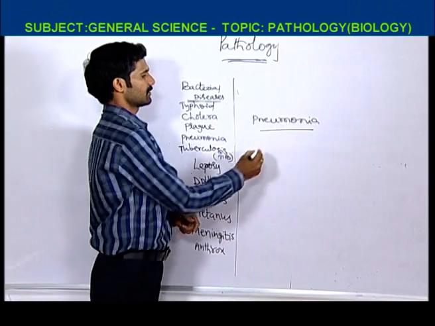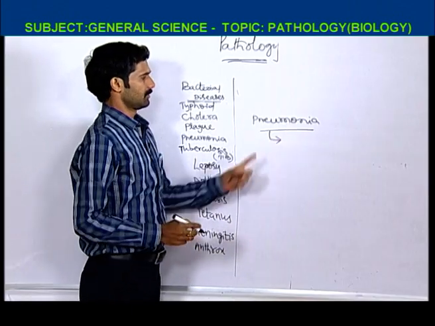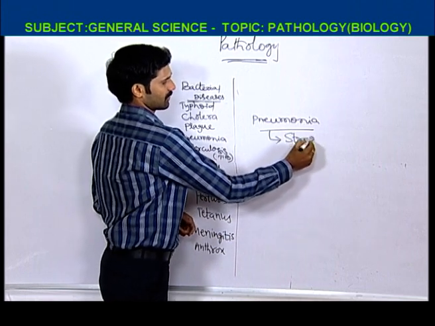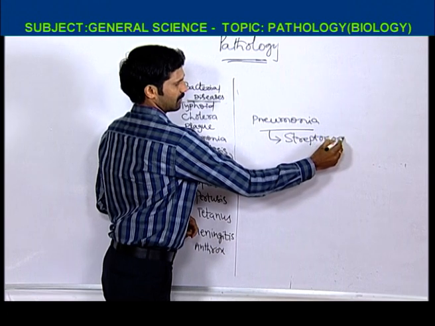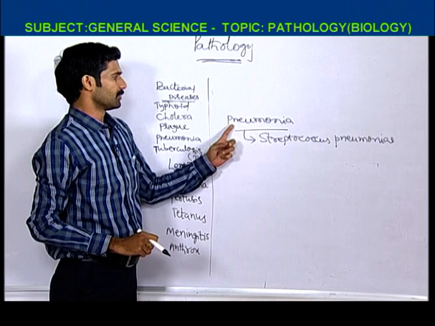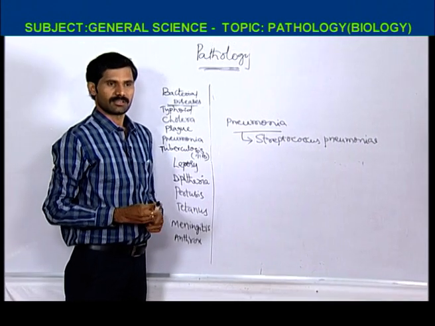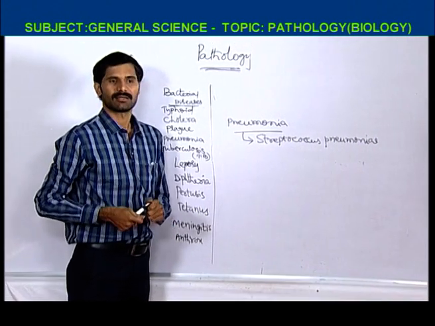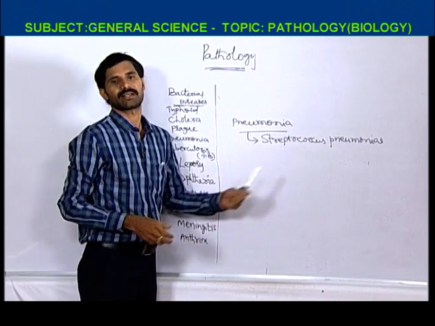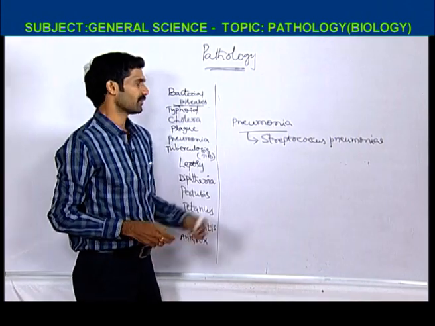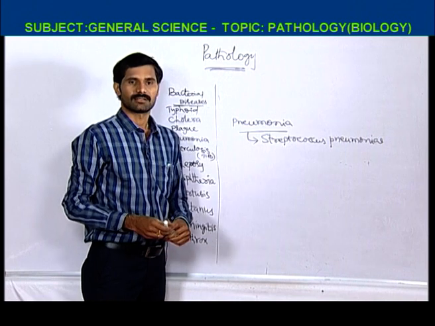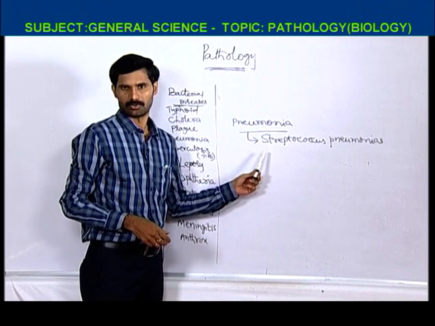Next bacterial disease is pneumonia, caused by Streptococcus pneumoniae. Pneumonia is spread by contamination of aerosols or droplets from an infected person, which means it is an airborne disease, no doubt.